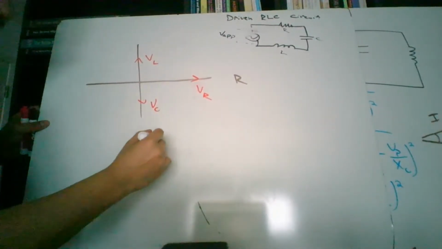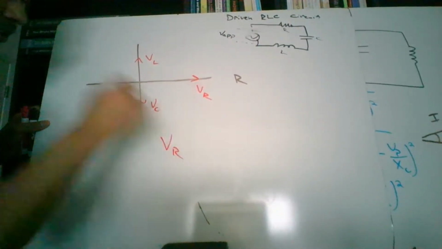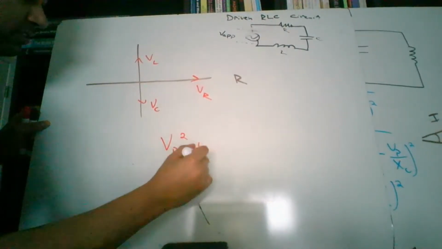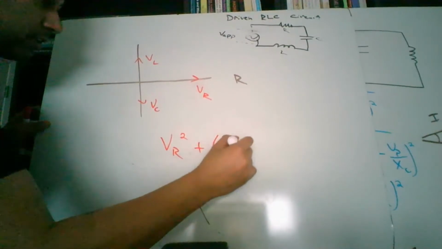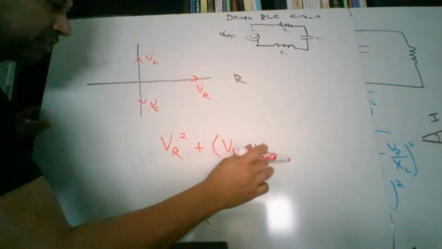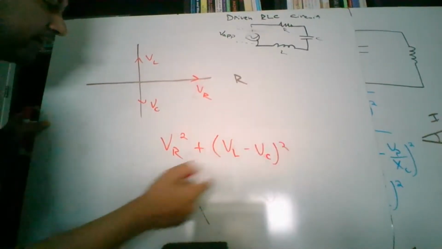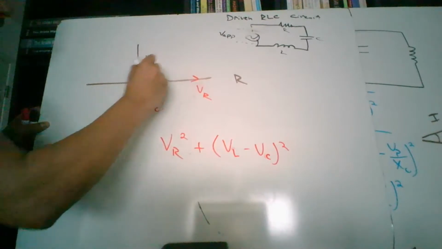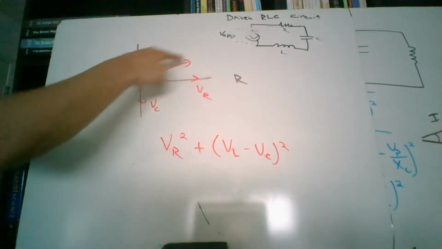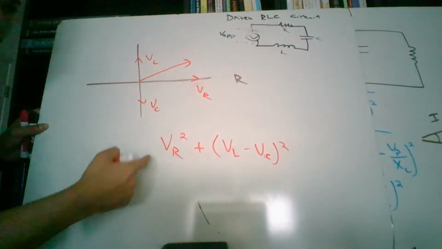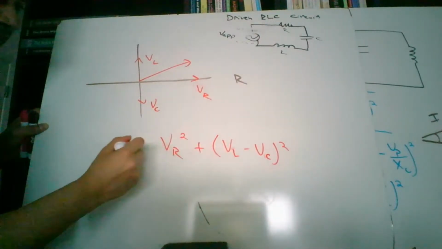So here we would have the voltage of the resistor squared plus the voltage of the inductor minus the voltage of the capacitor, all squared. And that will be what the final value would be. That would be this right there. So the resultant of this and this together in a complex plane will give us this answer right here.